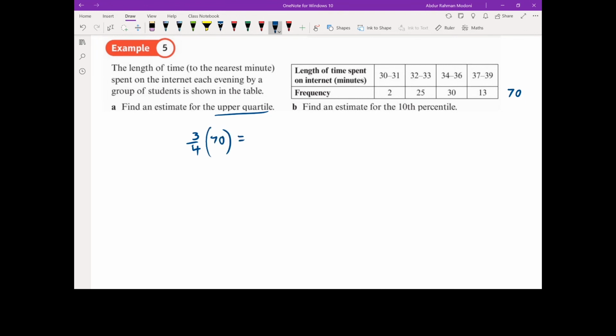So we're finding out what 3/4 of 70 is, and that gives us 52.5. So we're looking for the 52.5th position. That's the position of the upper quartile.